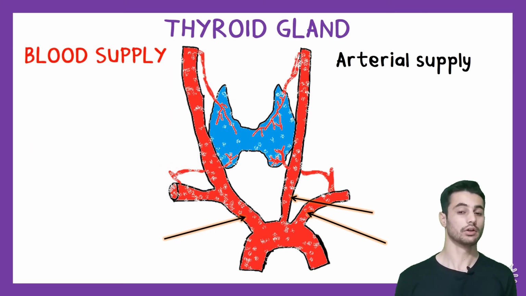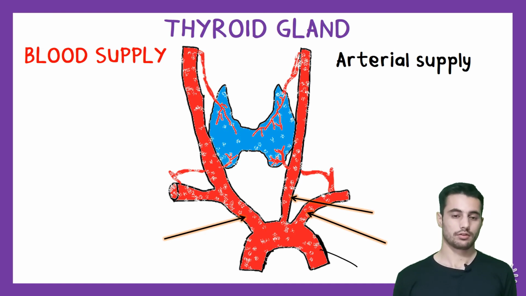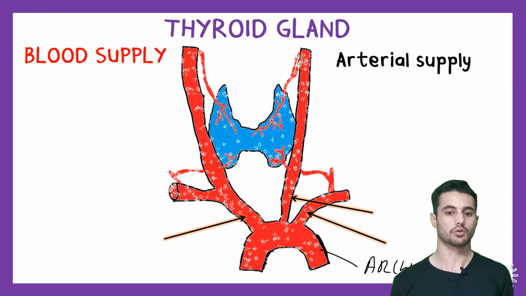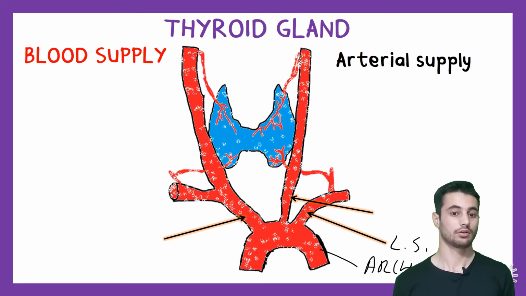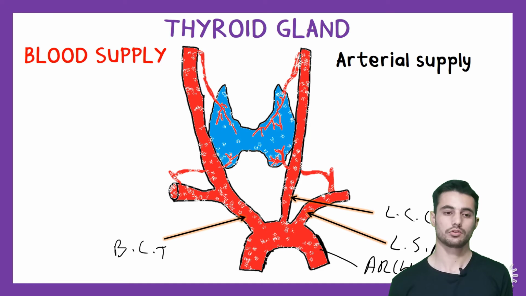Let's have a look at the blood supply of this thyroid gland. We know that this is the arch of the aorta. Now, this arch of aorta is giving us three branches: the left subclavian artery, the left common carotid artery, and the brachiocephalic trunk.